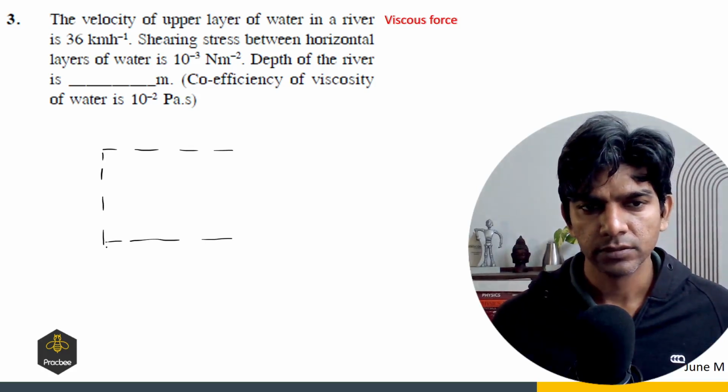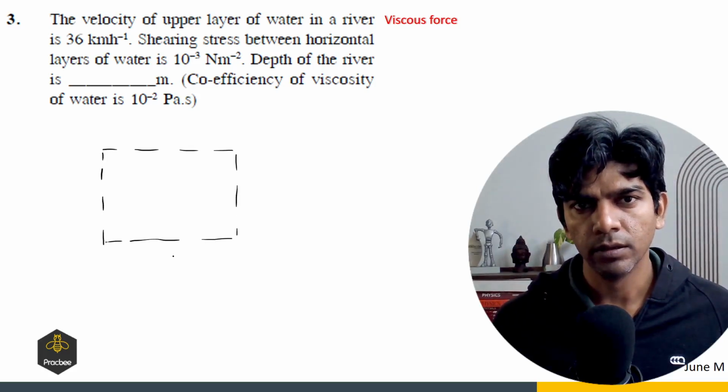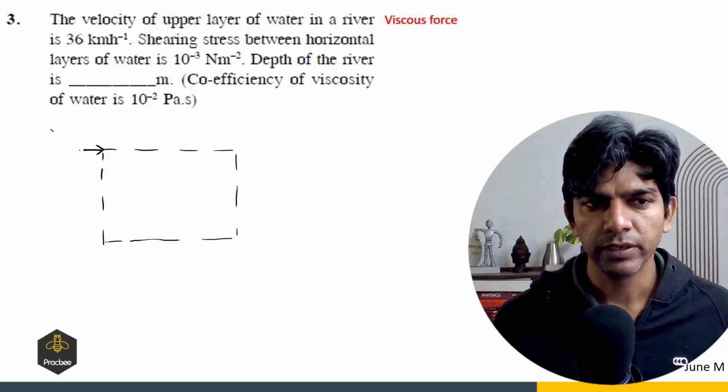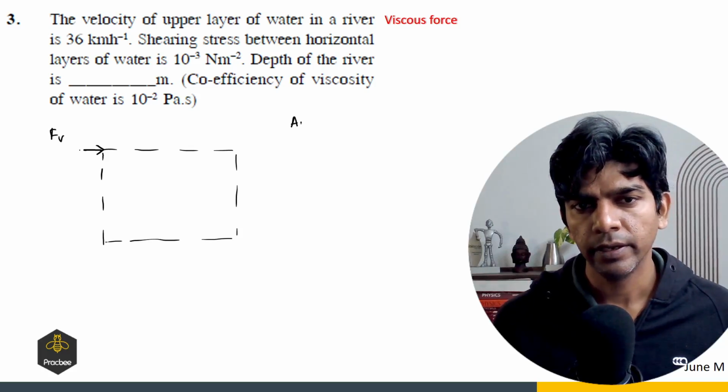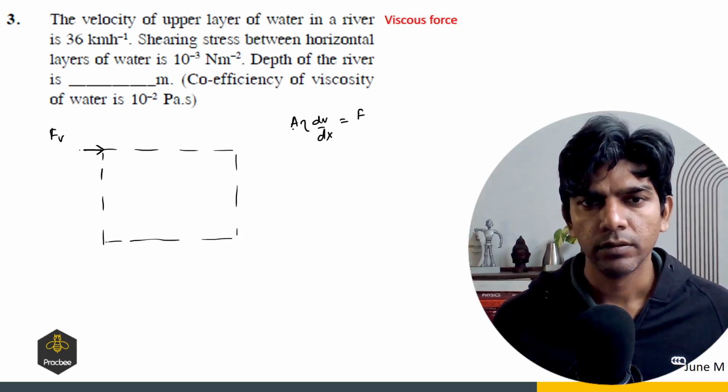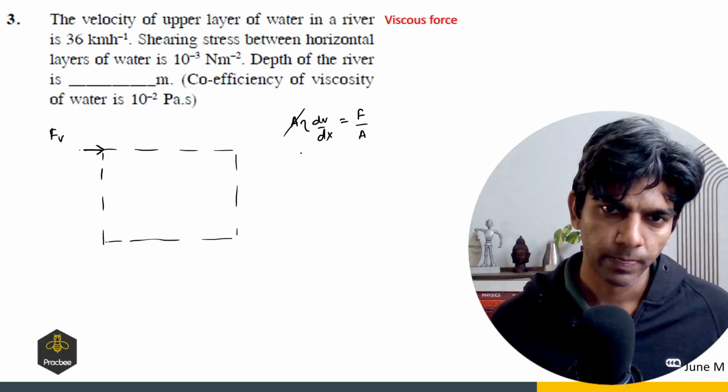If I consider this block of water, so there will be, let us say, a viscous force, and this viscous force will be given as A eta dV by dx, right? And this force upon area is nothing but the shear force.